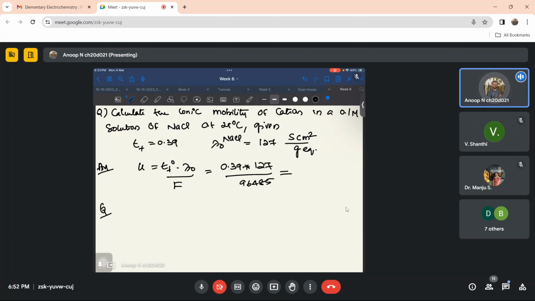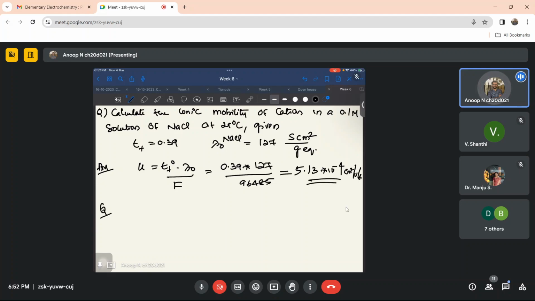Yeah, the answer is 5 point something. What's the unit? What must be the unit? It is centimeter squared per volt per second.